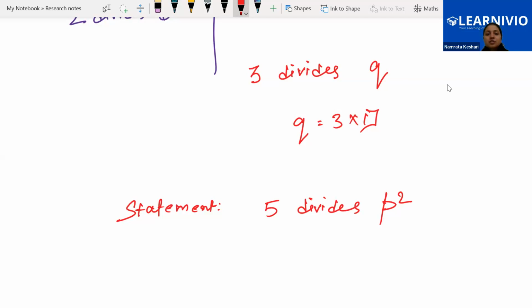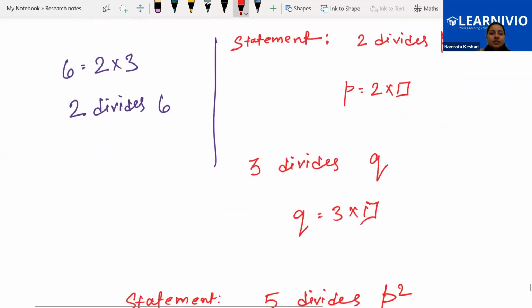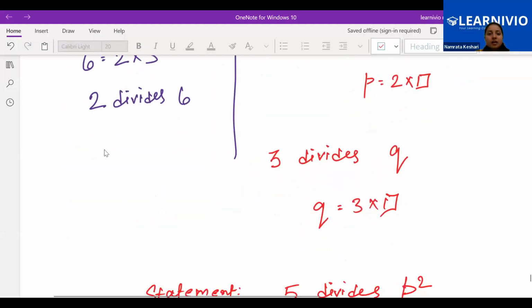P square is equals to 5 into something. Can we write? Yes, ma'am. Are you getting it? Everyone, Galvin, Aisha, and Sumaya. Yes, ma'am. Are you getting it, Maha? Yes, ma'am.